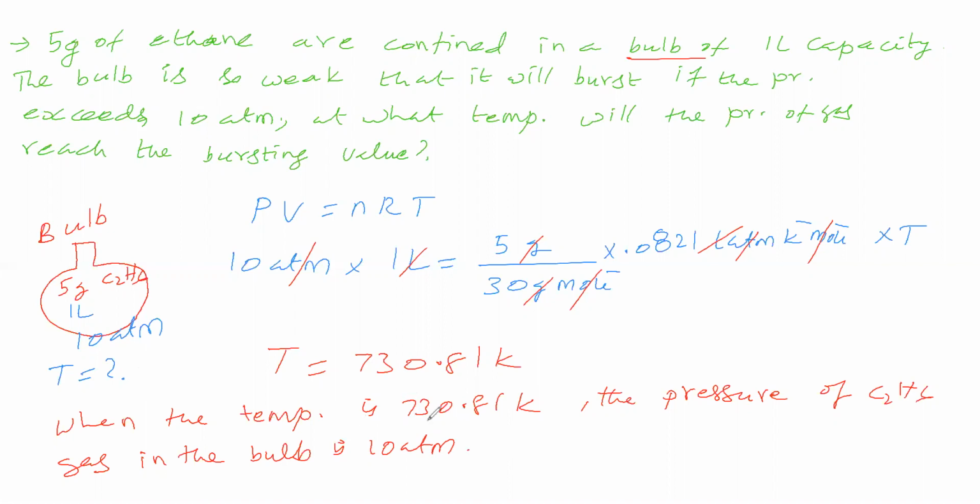So temperature should not be greater than this. If temperature goes greater than this, pressure will become greater than 10 atmosphere, then the bulb will break. So the bulb should not break means we can take the temperature of the bulb till 730.81 Kelvin. Beyond that the bulb will burst, we can say the bulb will break. So we'll go to the next question.